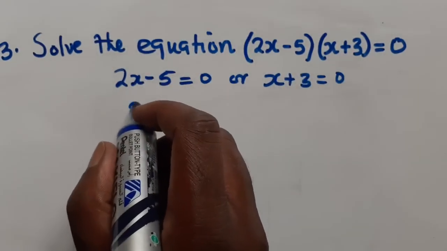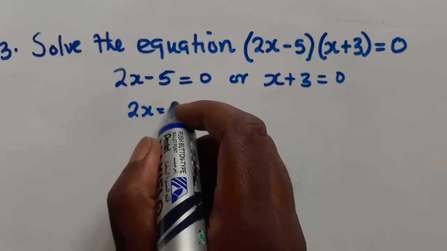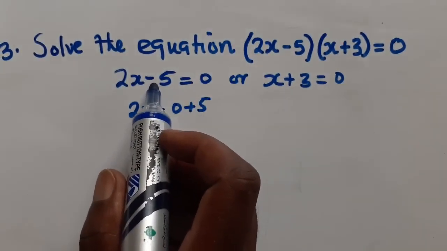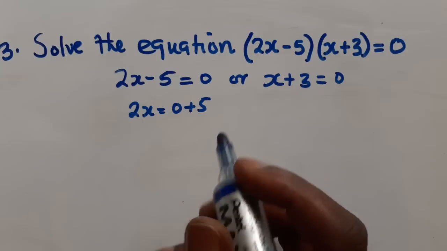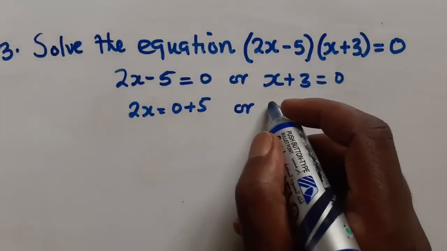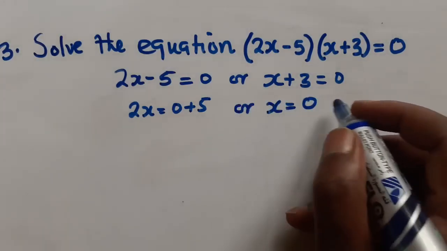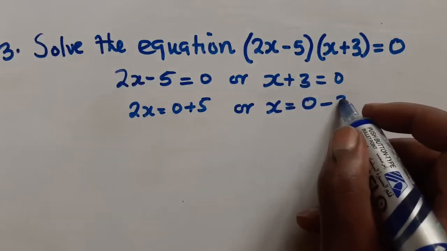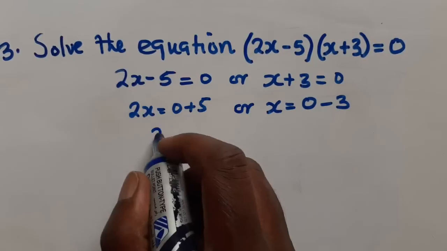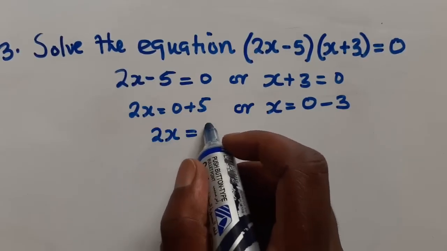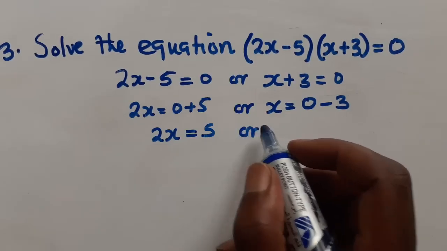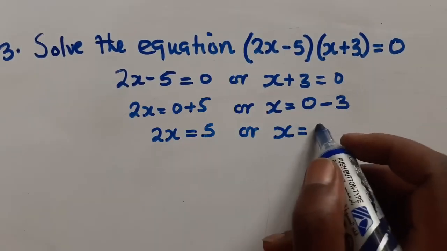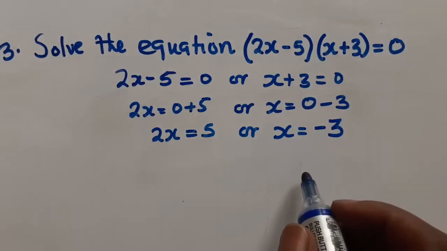Then this one is going to be 2x is equals to 0 plus 5. The additive inverse of minus 5 is plus 5. Alright? Or the same thing here, it's going to be 0 minus the additive inverse of plus 3 is minus 3. So what do we get here? This is going to give us 2x is equals to 5. Or x is equals to 0 minus 3. 0 minus 3 is equals to -3.